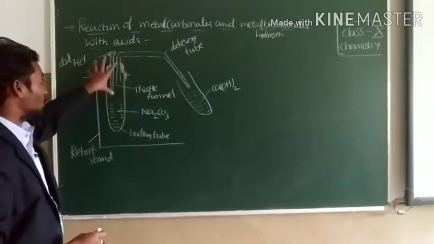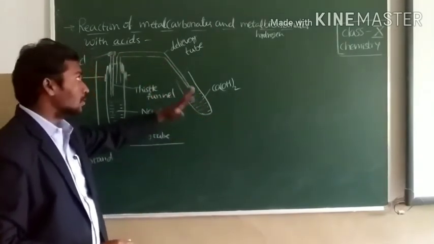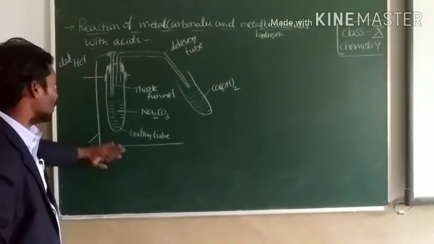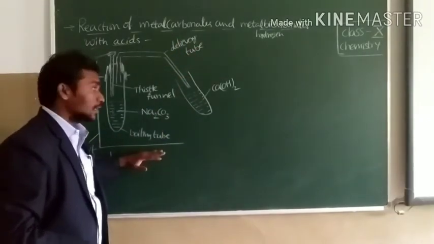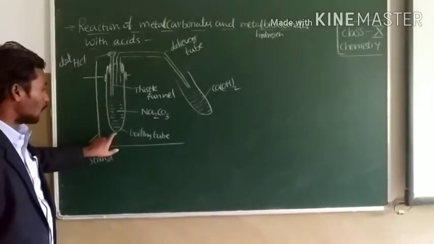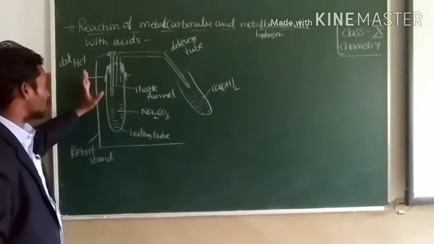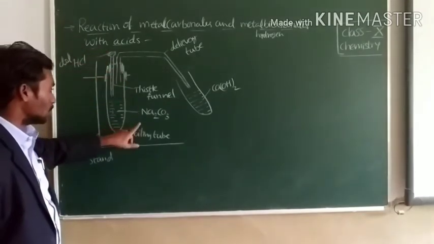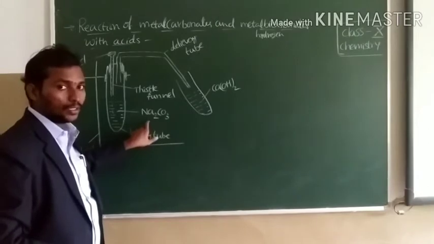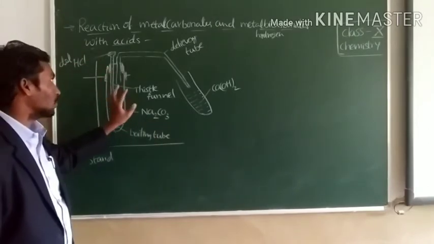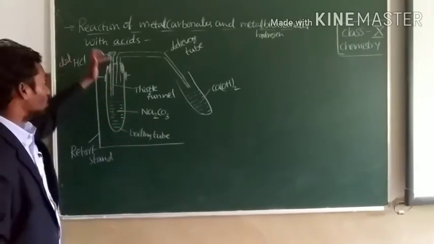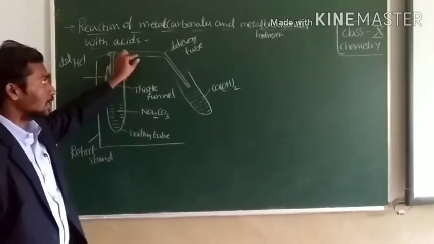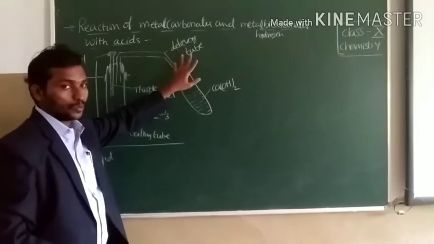This is the experimental arrangement of the reaction of metal carbonates and bicarbonates with acids. First we take the retort stand and this boiling tube. This boiling tube is fixed to the retort stand with the help of a clamp, and it has to be filled with sodium carbonate and closed with a rubber cork which contains two holes. Through one hole we fix the thistle funnel, and in the other hole we place the delivery tube.